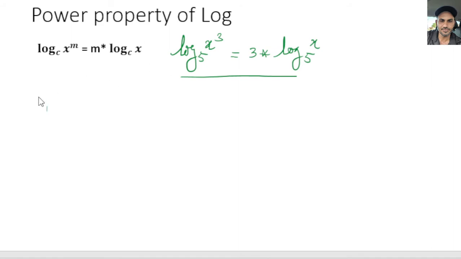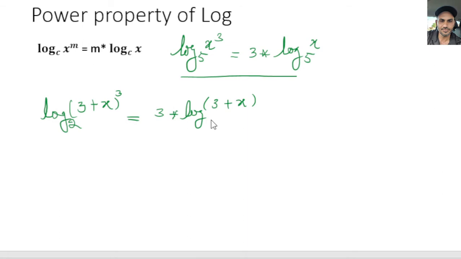Okay, I'm going to do a couple more examples here so we can just master this. Log of 3 plus x to the third power with base 2. I'm going to go ahead and simplify this one, taking this 3 to the front, so 3 times log of 3 plus x with base 2.